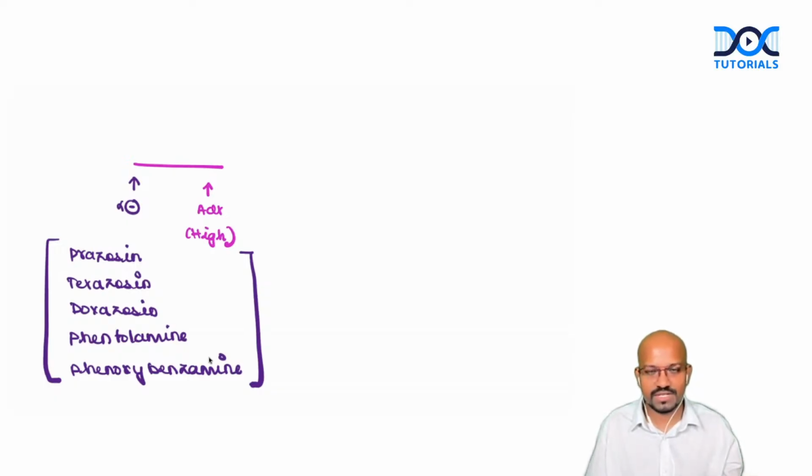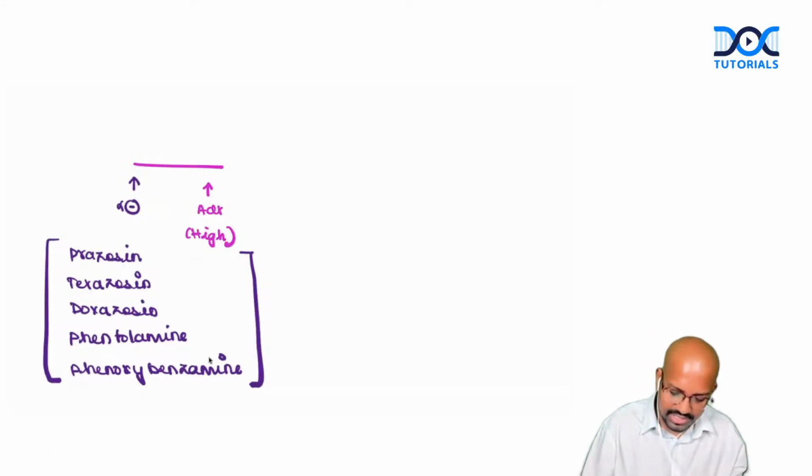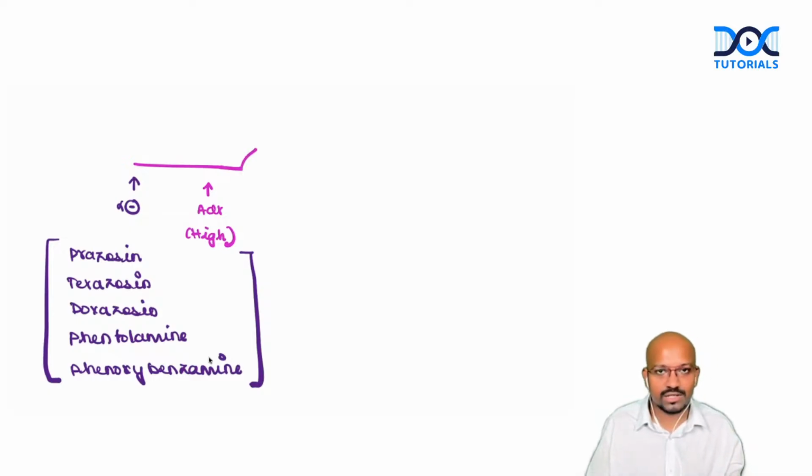You don't know the patient's drug history. You have administered adrenaline at high doses, after which you have seen that your blood pressure was 80-50. I hope you remember that. Now, you administer adrenaline for the patient, but instead of an increase in the blood pressure, what you see is, normally what you should see, guys, there should be an increase in the blood pressure, right? That's the concept. But here, this will not be seen.